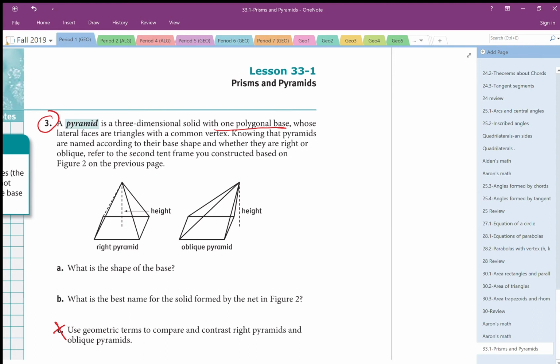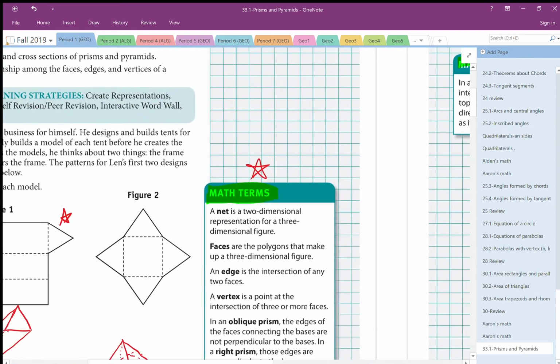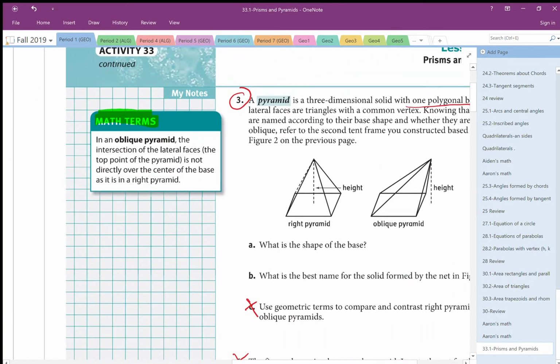Knowing that pyramids are named according to their base shape, and whether they are right or oblique, refer to the second tent frame you constructed, or tried to, over here. That would be called a square pyramid because the bottom is a square. I think it would also be a right pyramid because all those triangles, once they fold up, would have to meet right above the shape.